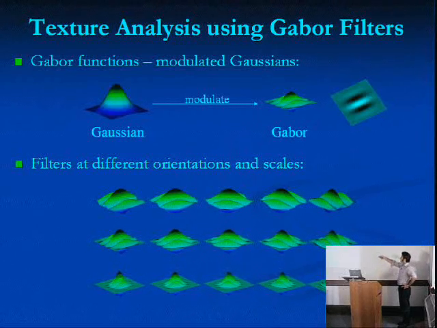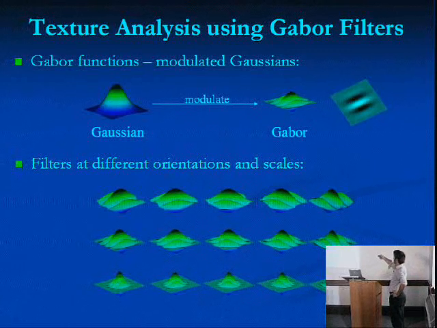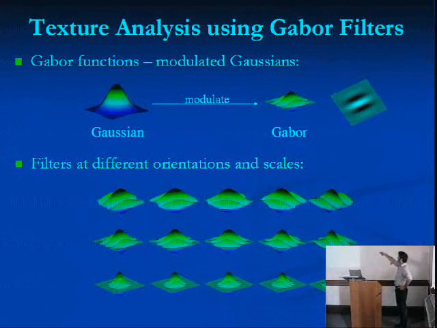If you think about this as our x, y pixel coordinates, and this height as the pixel values, we form these convolution kernels by taking a Gaussian, which will localize our analysis in space in x and y, and then modulating it with a two-dimensional sinusoidal signal, to give us this idea of granularity, frequency, and orientation, direction.